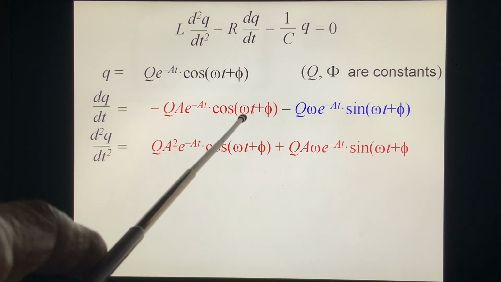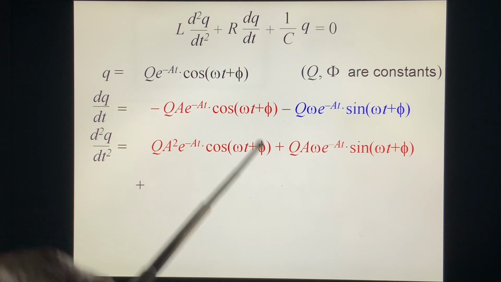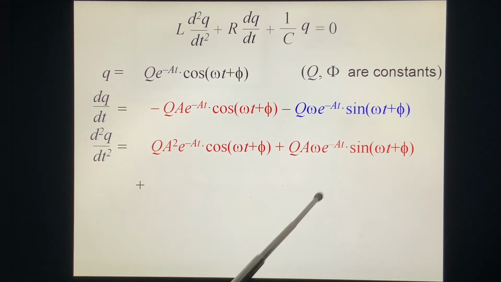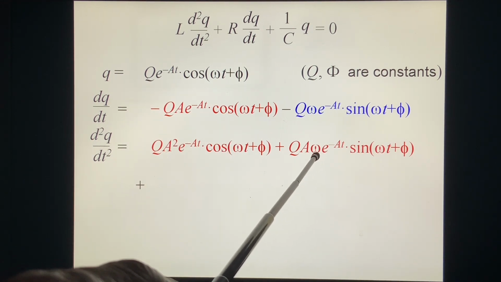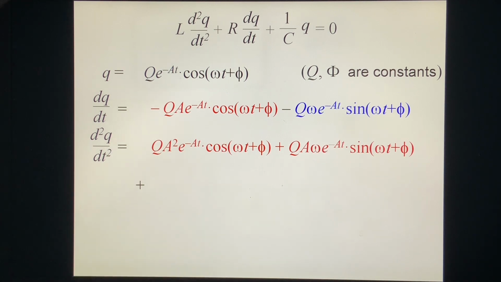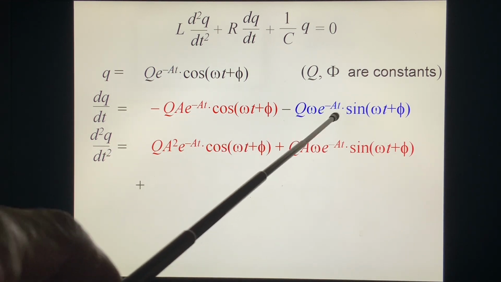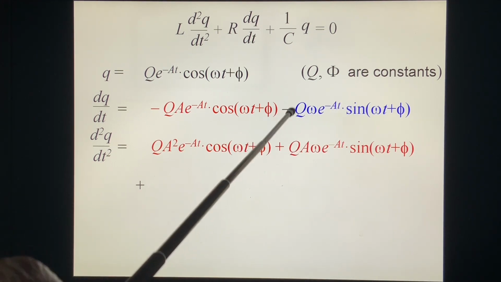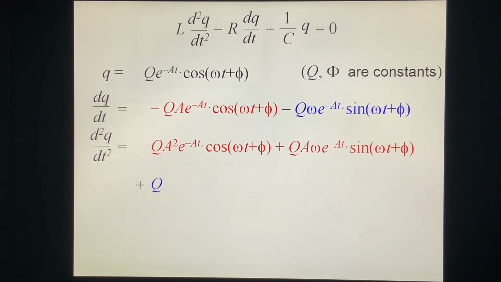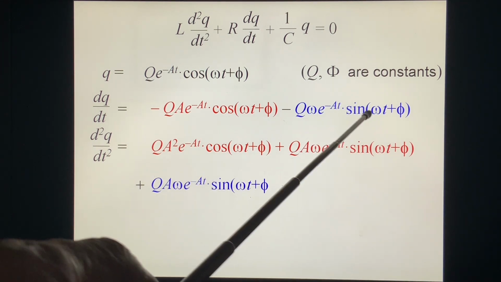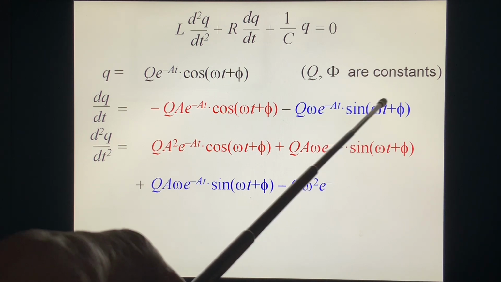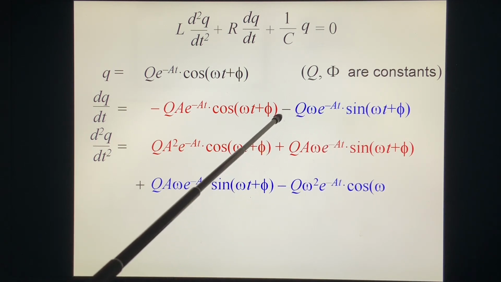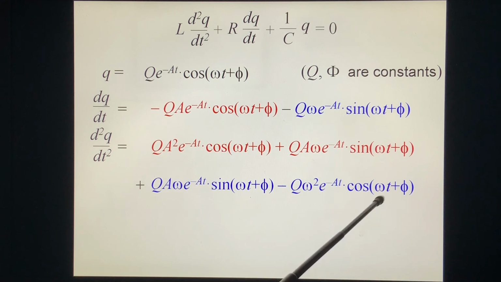Second, you have a minus sine omega, and look at this one: this first derivative is minus A, so you get positive Q A omega sine. And then you do this sine, sine gives cosine, you have omega, omega squared, minus Q omega squared. That's right. So you have these four terms.